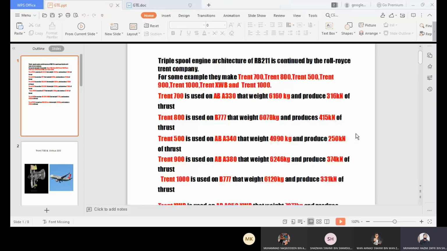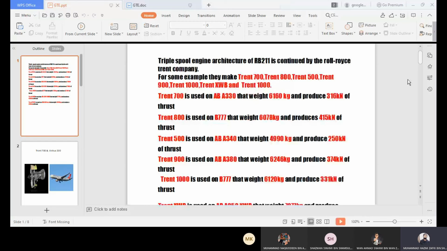Trent 700 is used on the Airbus A330 that weighs 6,060 kg and produces 360 knots of thrust. The Trent 800 is used on the Boeing 777 that weighs 6,078 kg and produces 415 knots of thrust.